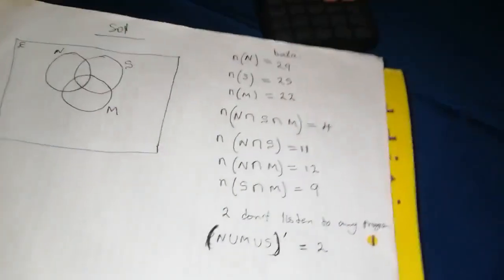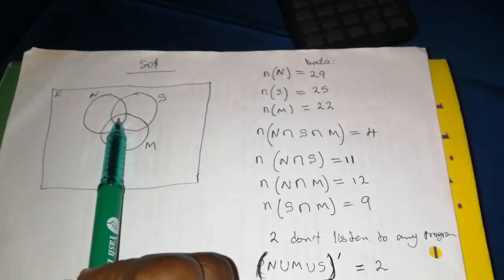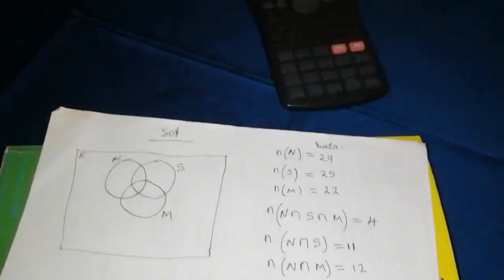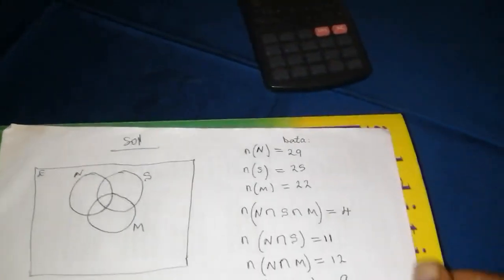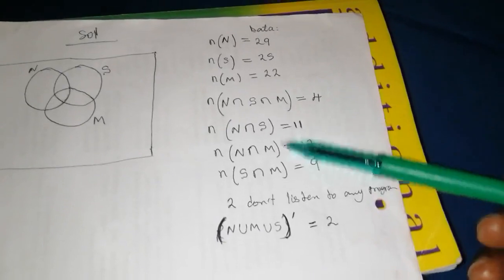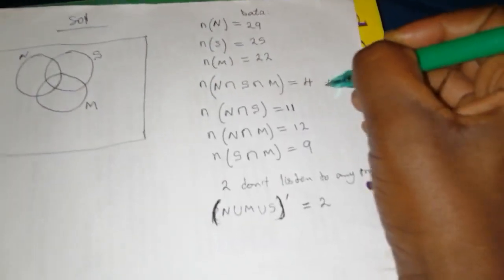Okay, so I will advise that you start with this section in the middle. Start by putting the number of villagers who listen to all the 3 programs. So when you look at the data we have, we are talking about this set.